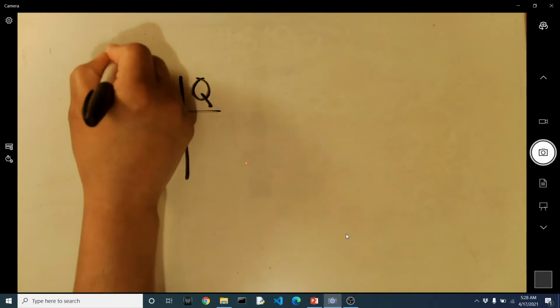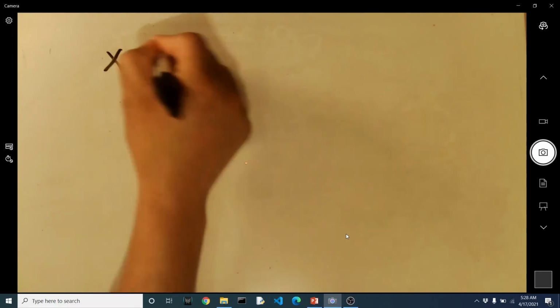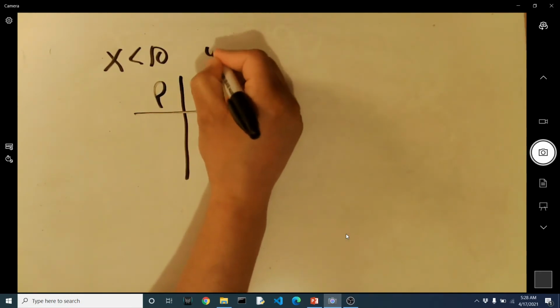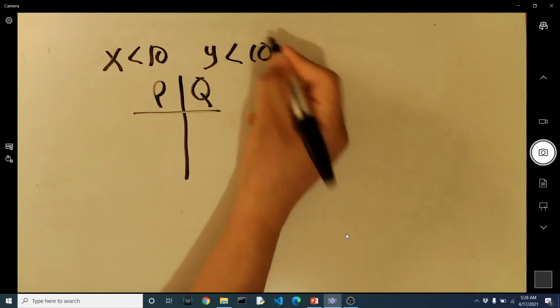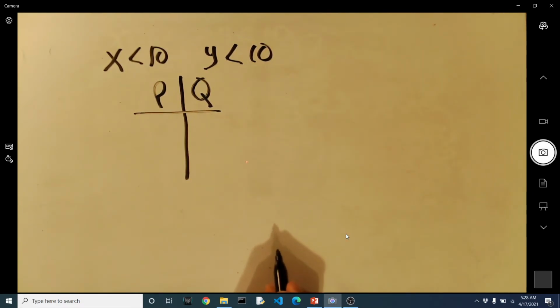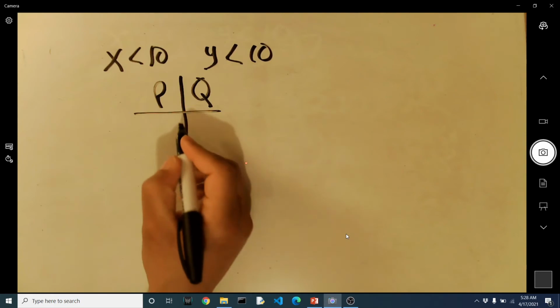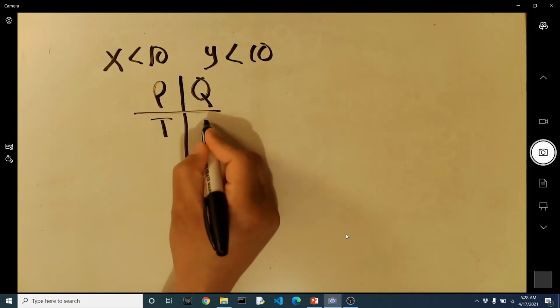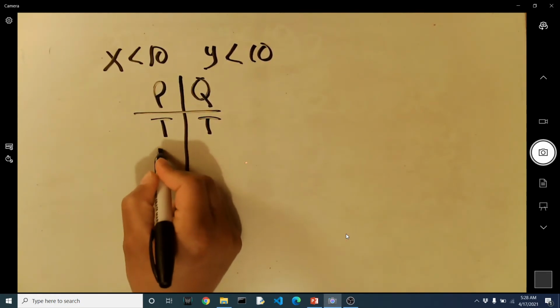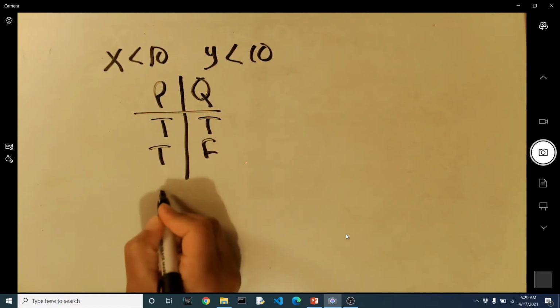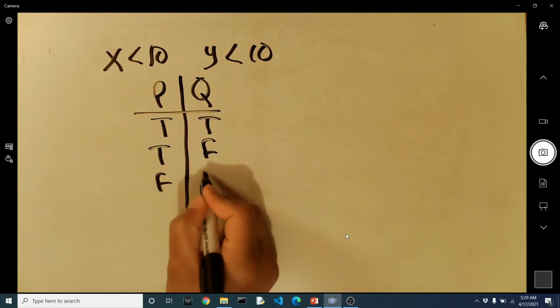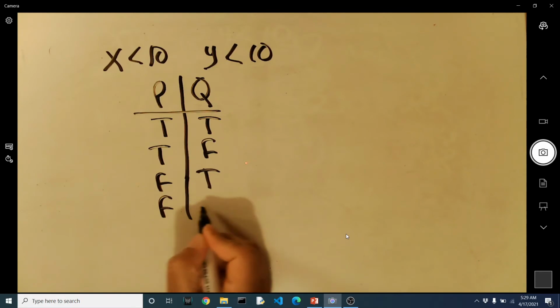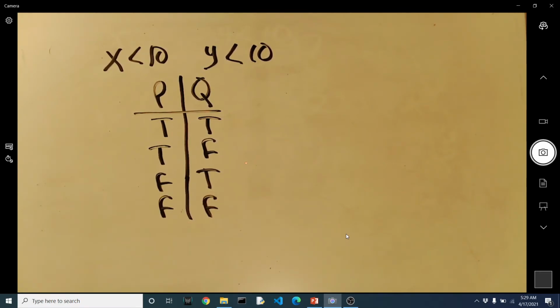If you recall, the P can be thought of as the x less than 10, and the Q could be thought of as our y less than 10. We had a scenario where both conditions were met, a scenario where one of the conditions was met, and then a scenario where none of the conditions were met.